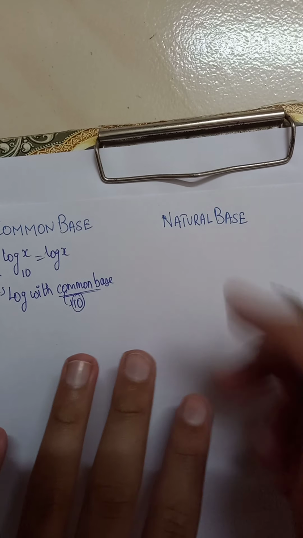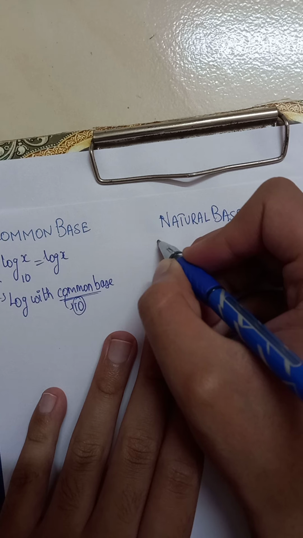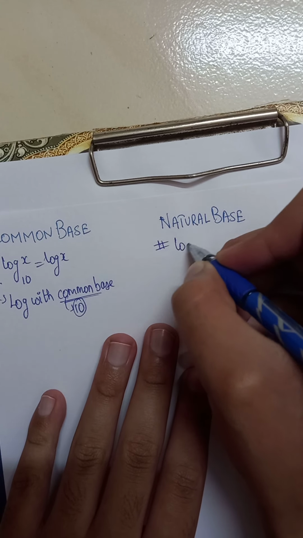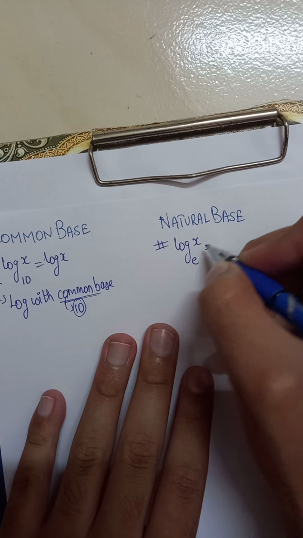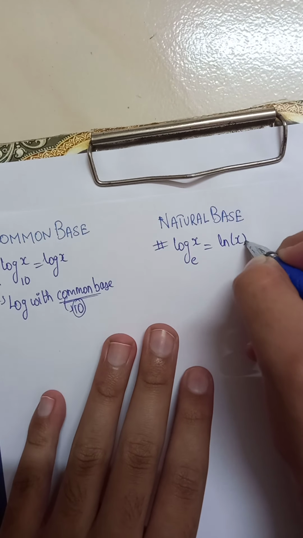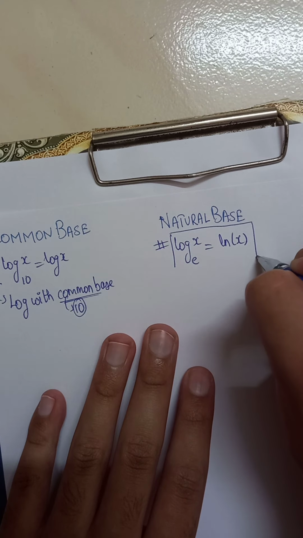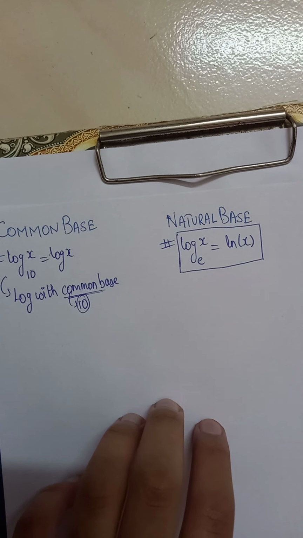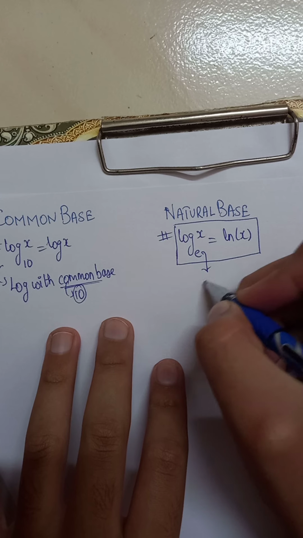This sounds okay. Now let's understand what is natural base. If a log is written like this, log x to the base e, where e is the natural base, we call e the natural base. We can also write log x to the base e as ln of x.